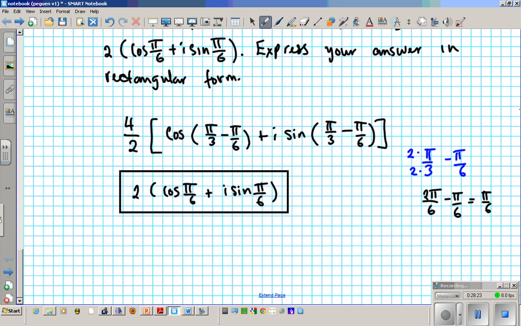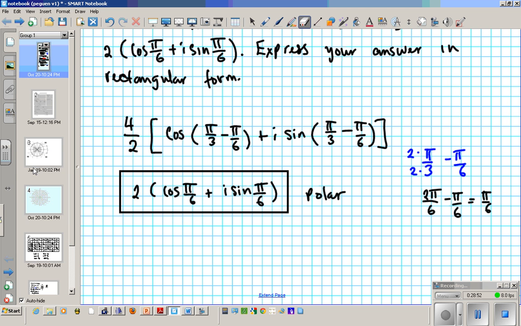Okay? Polar form. But the question asks for your answer in rectangular form. So in rectangular form, all we just need is to find the cosine and sine of pi over 6 and then distribute 2 to both of them. Pi over 6 in your unit circle is 30 degrees. Let's see if I can remember it.